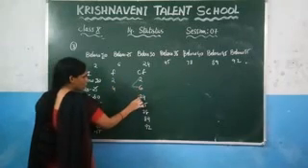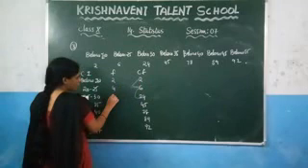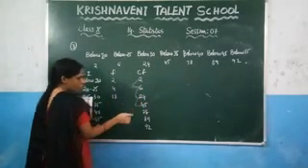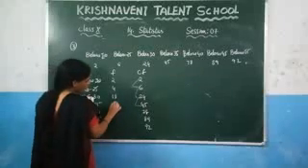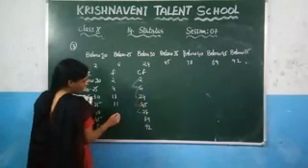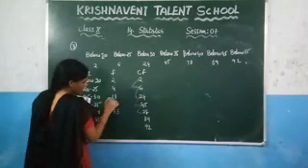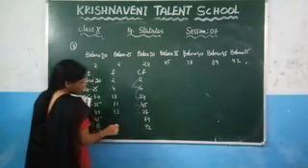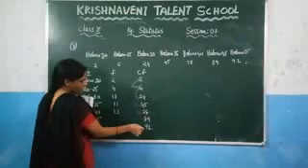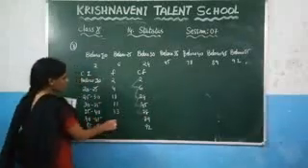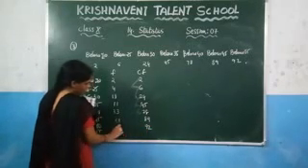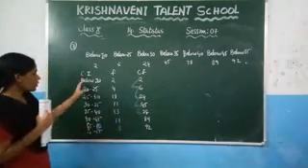Similarly, subtract these two: 24 minus 6 gives you 18, and 45 minus 24 is 21, and 78 minus 45 gives you 33, and 89 minus 78 how much? So you need to subtract all these values like that. So after subtracting all these values, calculate it here. So now you got the table.